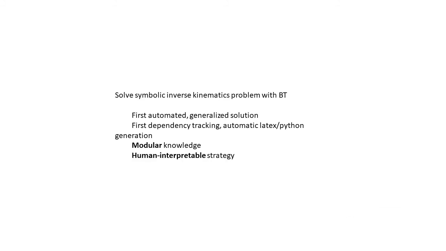To summarize our contributions, IKBT is the first automated generalized AI solution for symbolic inverse kinematics analysis. It solves most serial chain robot arms without assumptions of configuration or degree of freedom. It tracks variable dependency and generates solution code automatically.